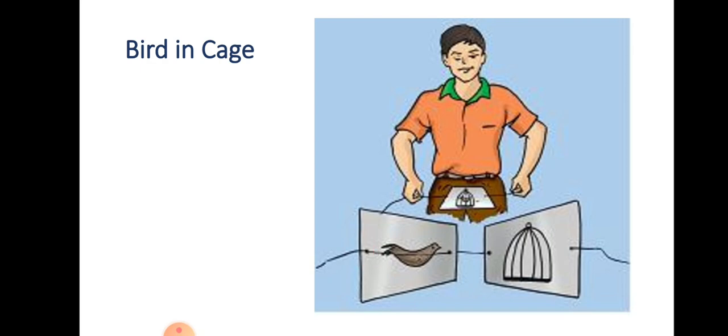This is the front part and this is the back part. In the front part you can draw the bird, and in the back part you can draw the cage. You have to insert a string or any thread through the holes. Now we have to twist the string.